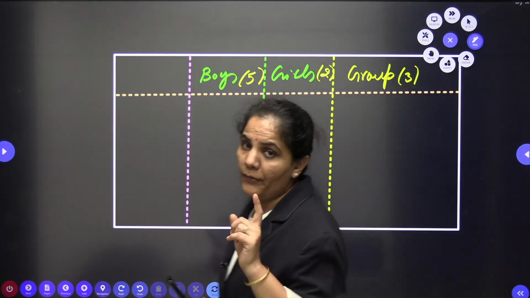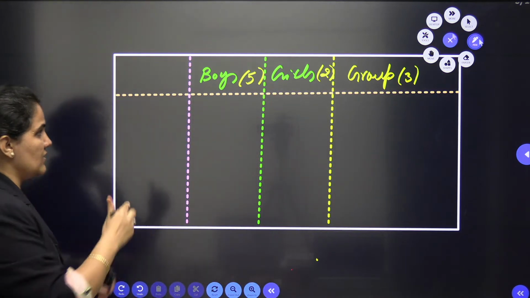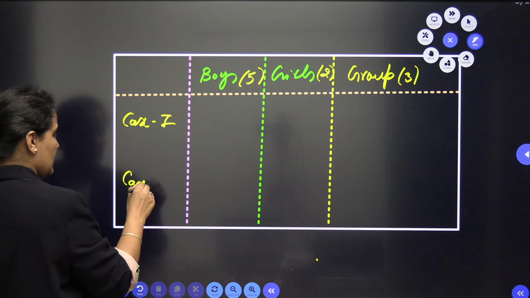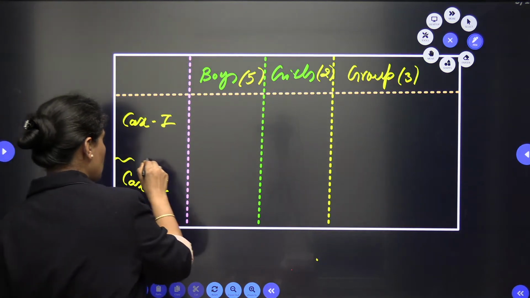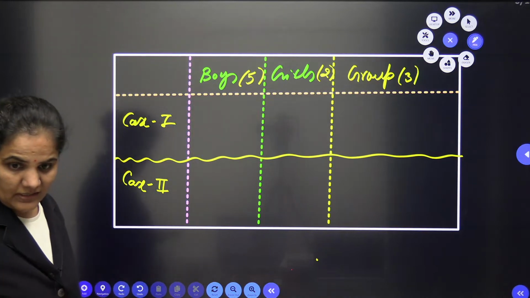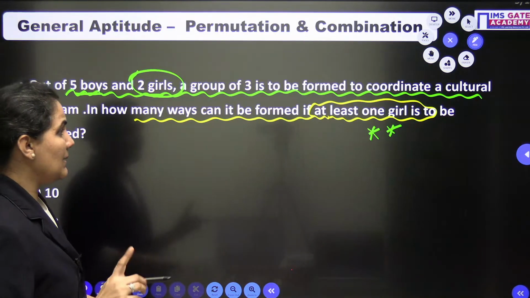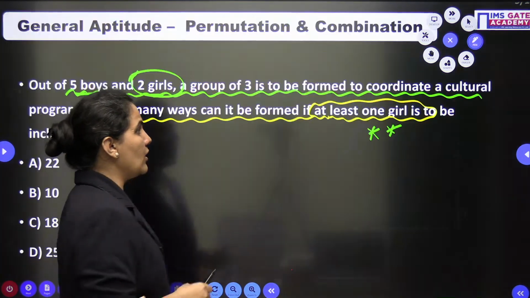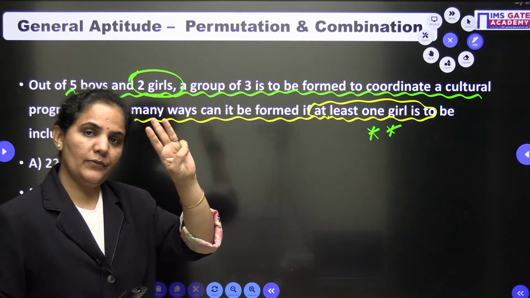So a group of 3 we can make by 2 cases. Only 2 possibilities are there, bachcho, for making the group. The first is, you are saying, ma'am, at least 1 girl. So I can take 1 girl and 2 boys, because I need to make ultimately a group of 3 persons.